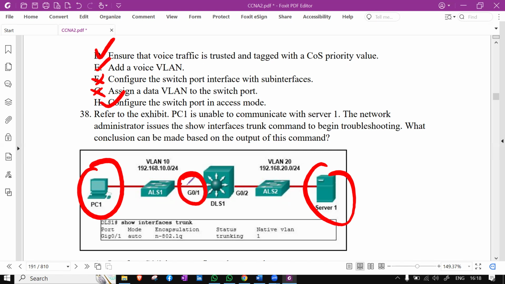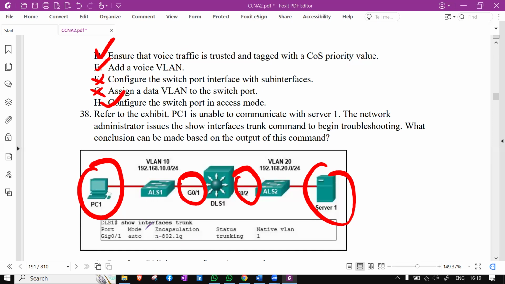This port should be an access or trunk port, and this port should be an access or trunk port. Let's say this link. Those two links are supposed to be my trunks, right?